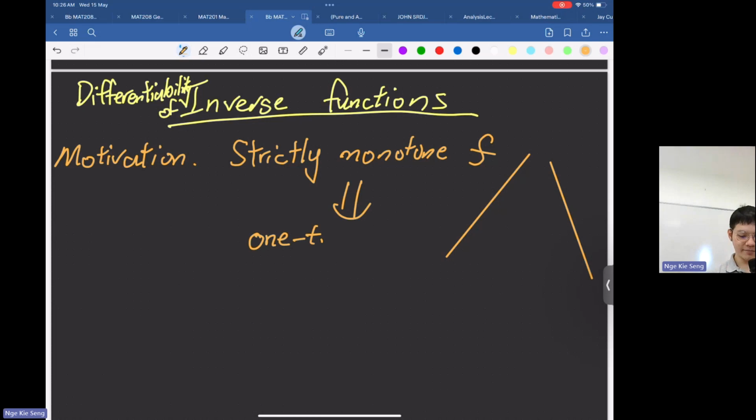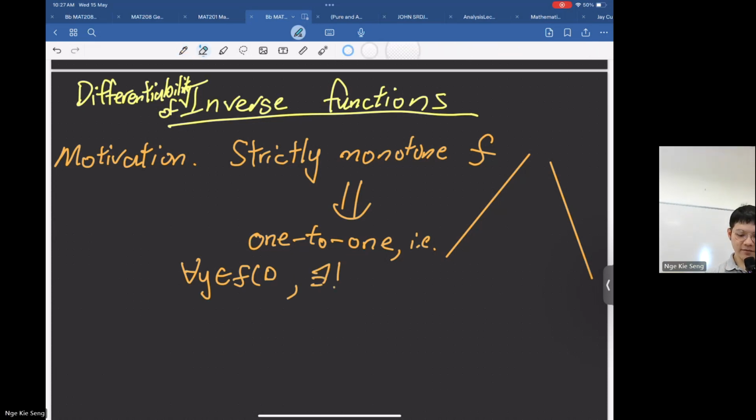What does 1-to-1 mean? For every y in the image, there exists only one pre-image. Okay, so there exists only one x.